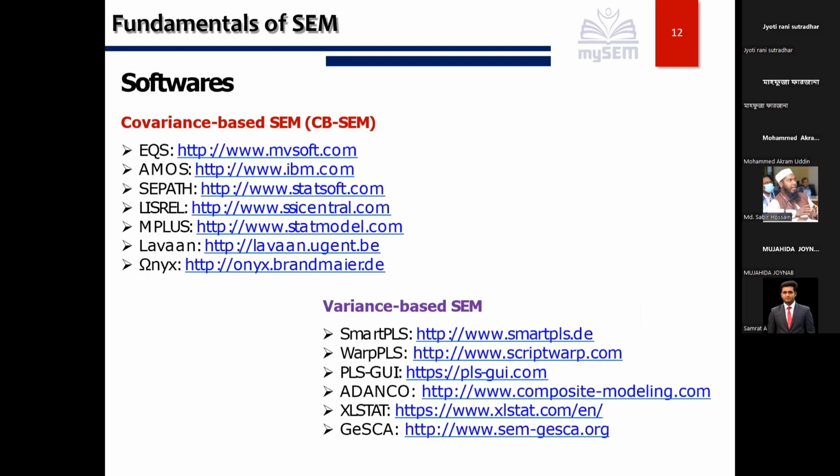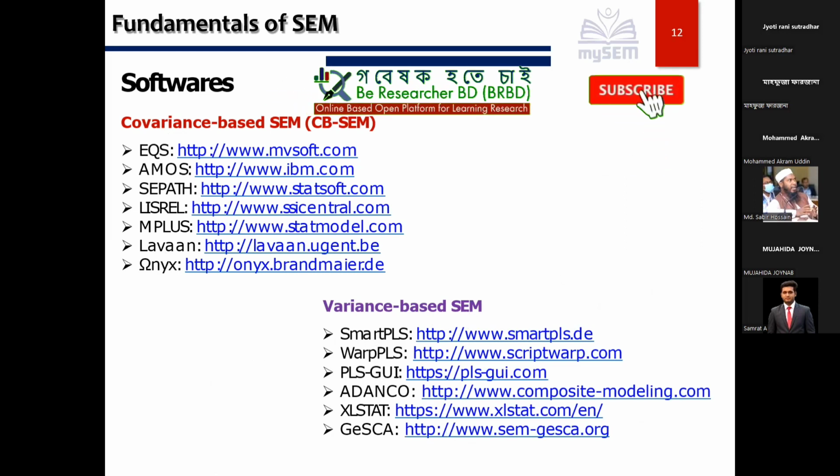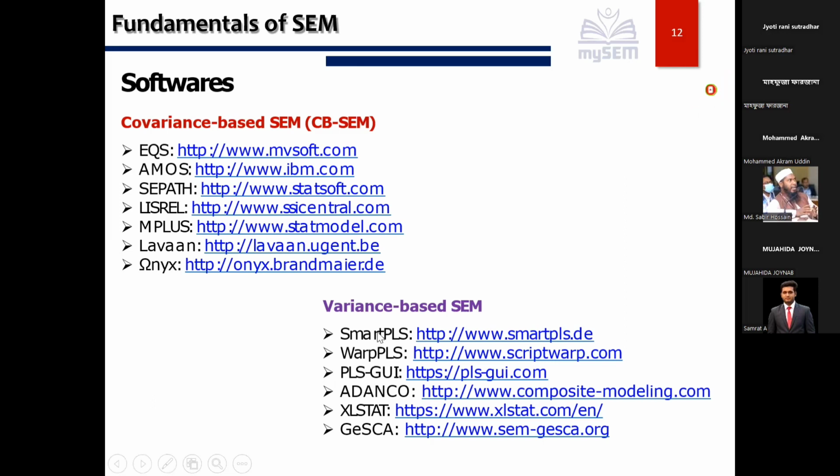See, these are the softwares. If you use CB-SEM, not only AMOS, I am telling you several times, other softwares also. I have a little bit of idea about AMOS. I attended one workshop, but other softwares, I'm not expert on that. If you come to variance-based SEM, meaning PLS-SEM, that is our today's workshop. In variance-based SEM, that is PLS-SEM, partial least squares structural equation modeling, you can use any of the software.